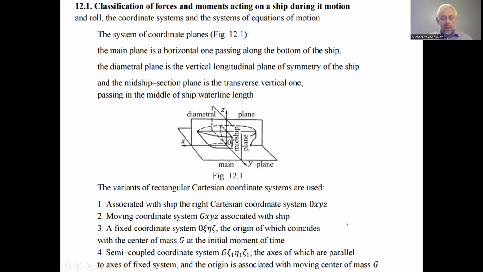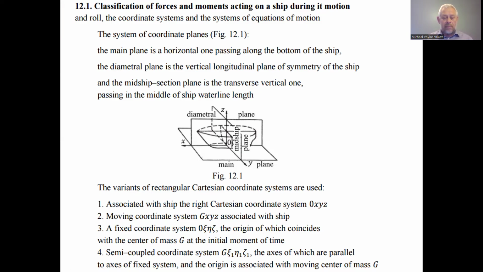The abscissa axis is directed to the bow of the ship, the ordinate axis directed to the left, and the applicate axis directed upwards from the same point, the point of the intersection of the three planes: the main plane, the diametral plane, and the midship plane.